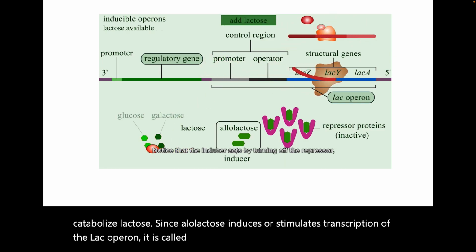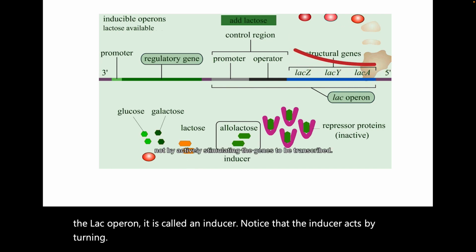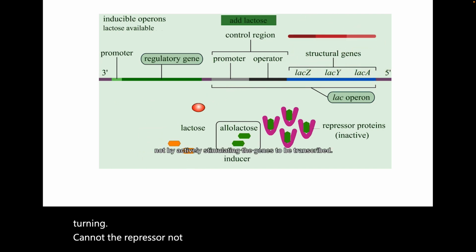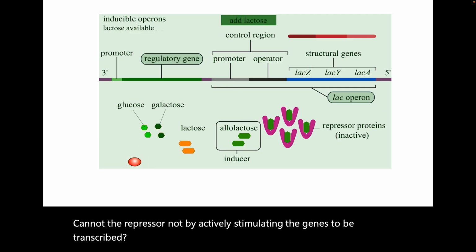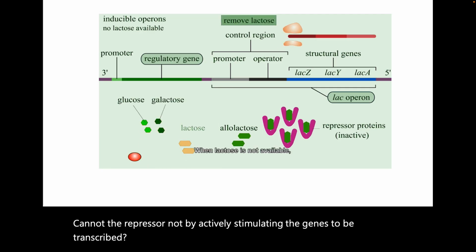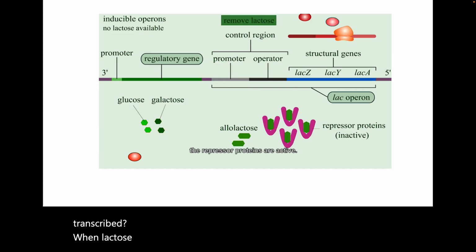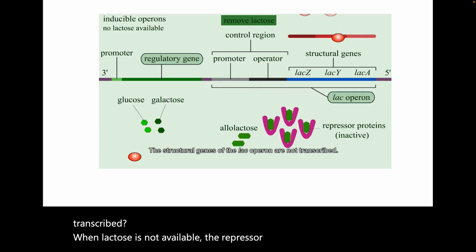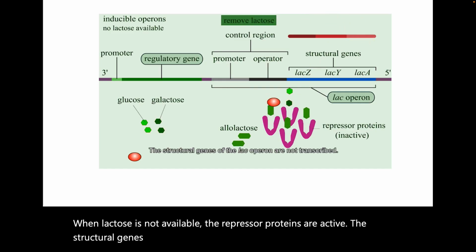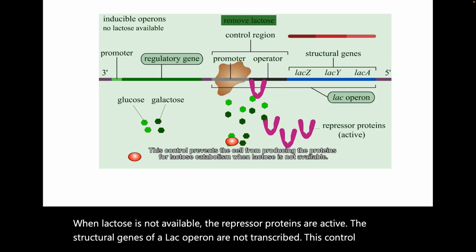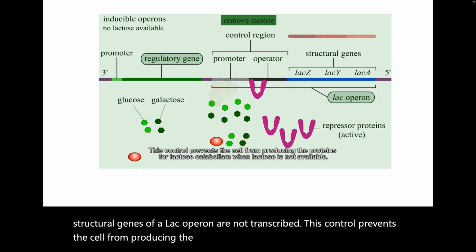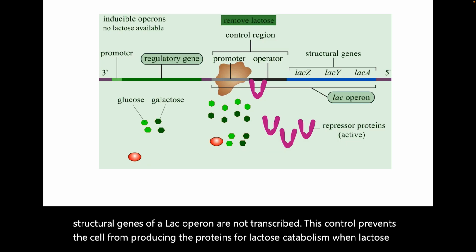Notice that the inducer acts by turning off the repressor, not by actively stimulating the genes to be transcribed. When lactose is not available, the repressor proteins are active. The structural genes of the Lac Operon are not transcribed. This control prevents the cell from producing the proteins for lactose catabolism when lactose is not available.